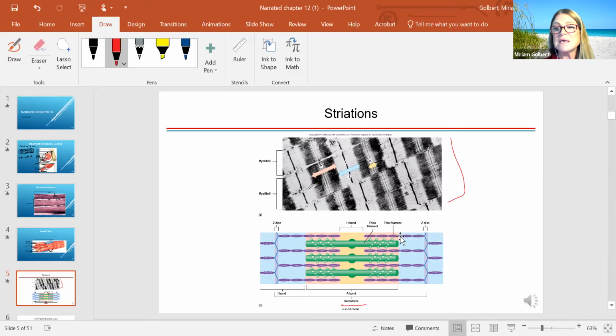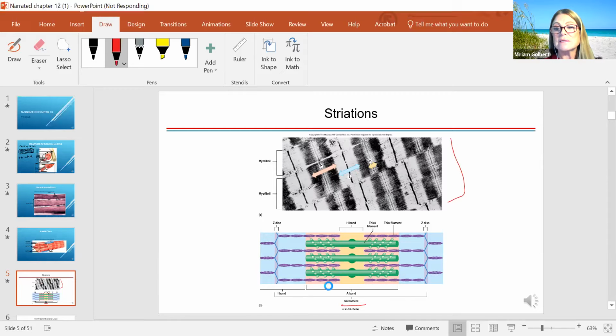So from the Z toward the middle of the sarcomere, or at the extremes of the sarcomere, we only have thin filaments, and that's what we call the I band. Then in the center of the sarcomere, where we have thick filaments in green and thin filaments overlapping in the purple, that's what we call the A band. A band. Yes?